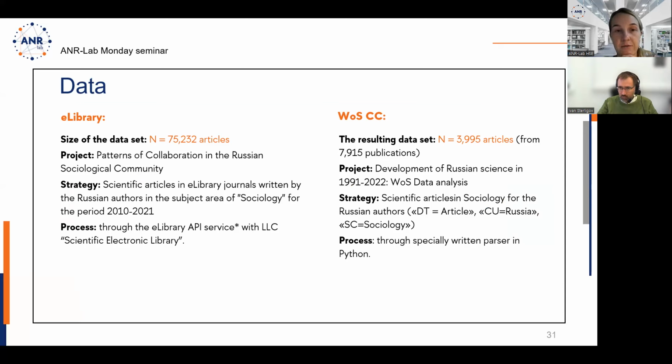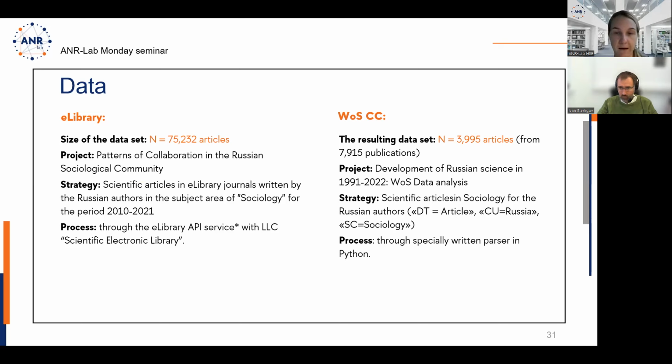So we have the project which is devoted to the development of Russian science in 1991-2022, based on the analysis of Web of Science data, which was collected by our colleague from Czech Republic. And the idea is that we are going to use network analysis for the analysis of this data. What we did, we actually made a slice.